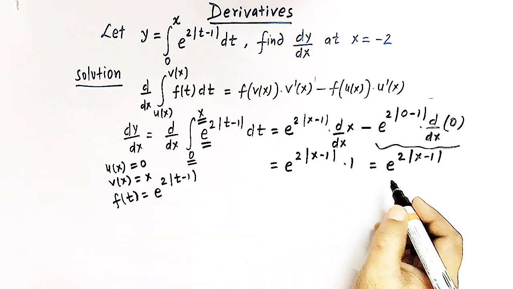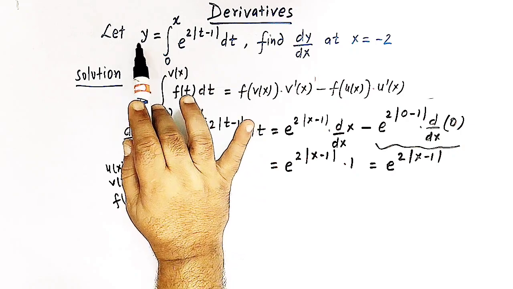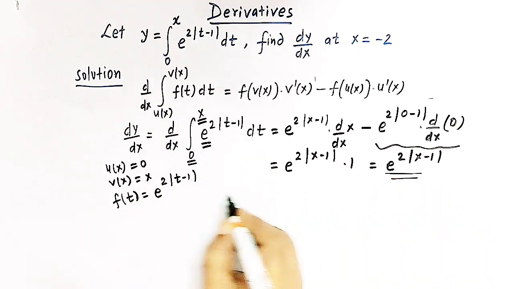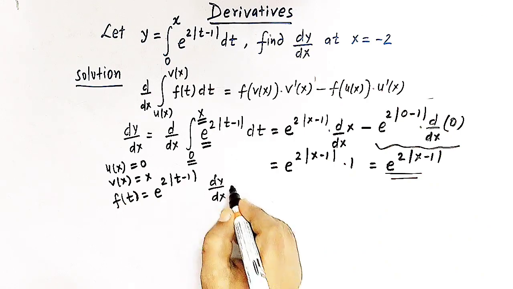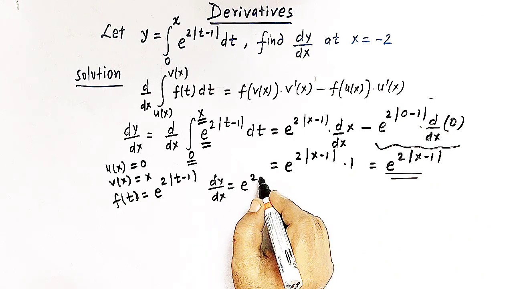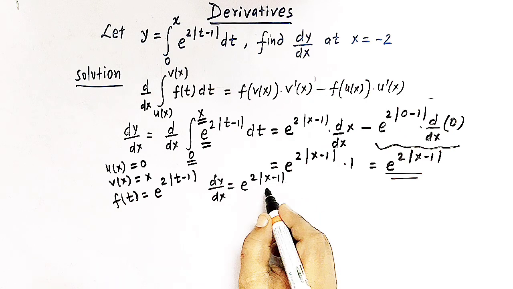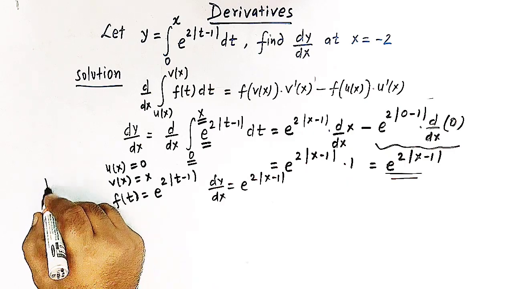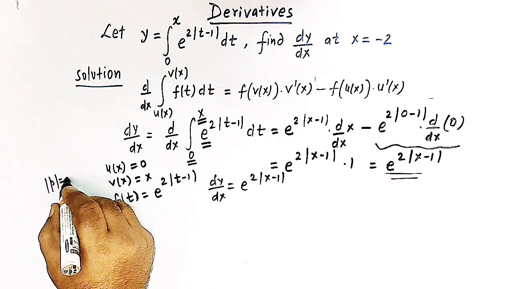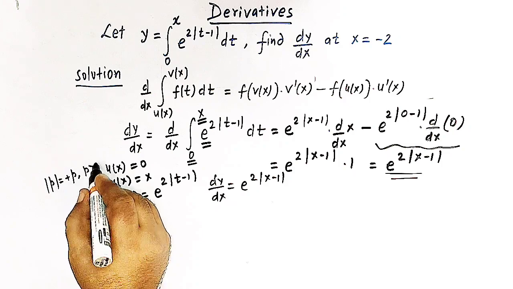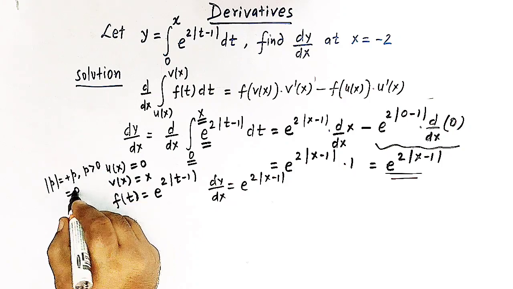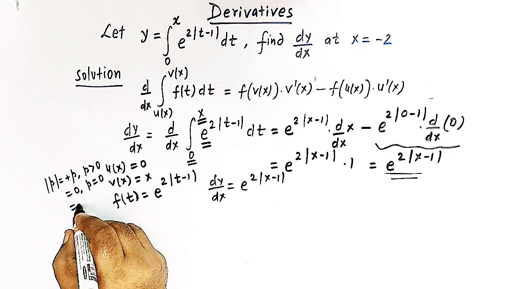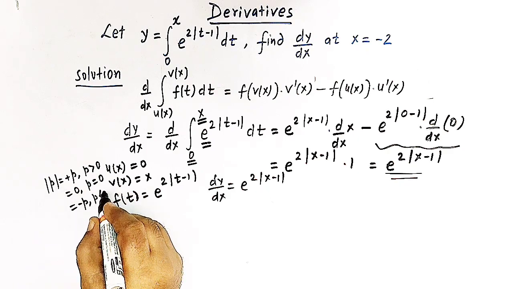So now the derivative of this function y, that is dy over dx, is given by this quantity. So we can write dy over dx is equal to e raised to 2 times mod of x minus 1. Now let us apply the definition of mod function here. We know that mod of p is equal to positive p whenever p is greater than 0. Mod of p is 0 when p is equal to 0, and mod of p is equal to negative p when p is less than 0.